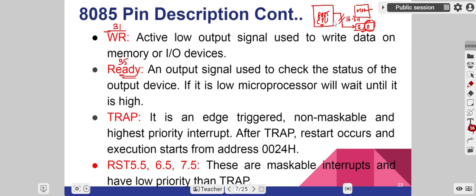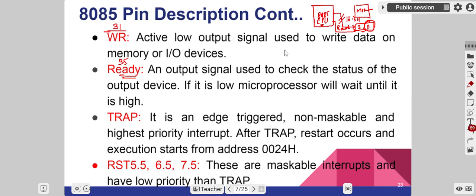Suppose we have connected an input or output device to this 8085 microprocessor. The CPU will generate a ready signal toward this device to check whether it is capable of accepting an output, or the microprocessor has to wait for some time.